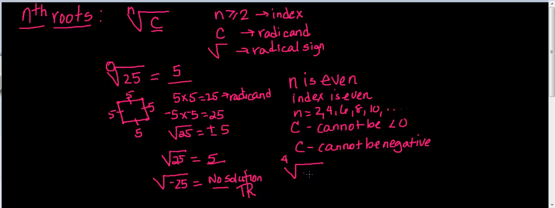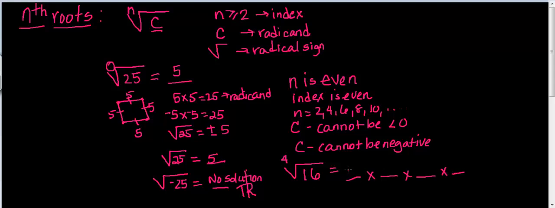For example, the fourth root of 16. That asks you, what number can I multiply by that same exact number 4 times, because this is the fourth root. When we have square root, which is a 2, we multiply twice. When we have fourth root, we multiply 4 times. So what number do I multiply 4 times and get 16?